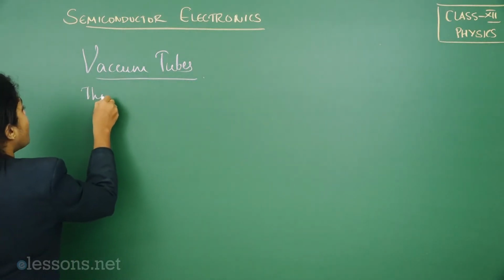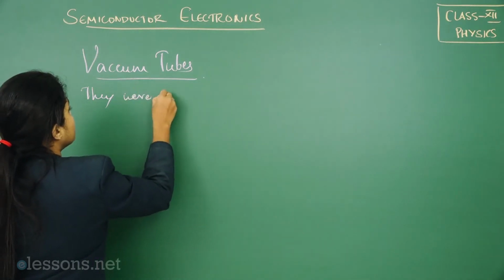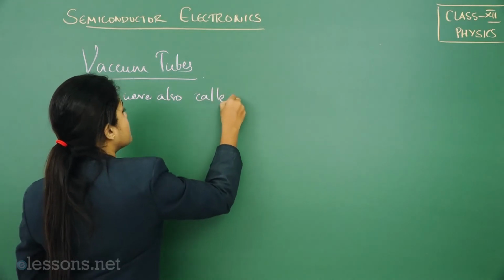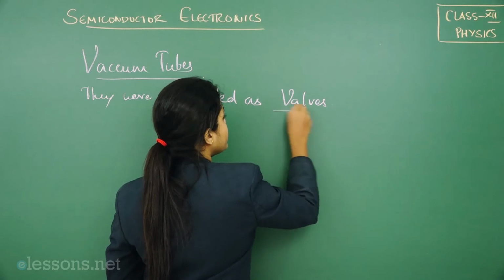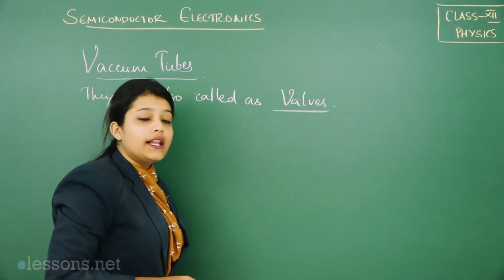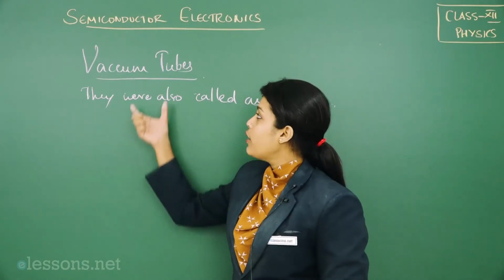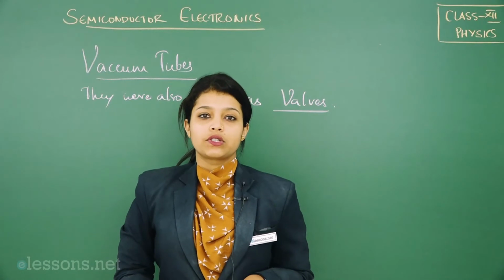They were also called valves. And why are they called valves, students? Let me explain the working of the vacuum tubes. In the vacuum tube, there were two electrodes, okay?